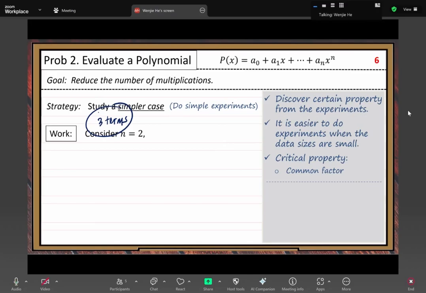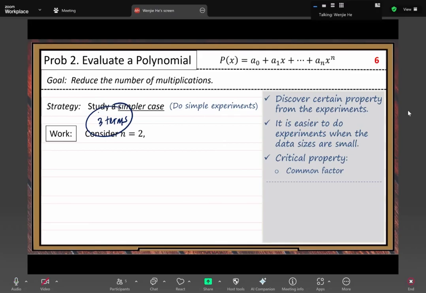So here, the issue is that we want to explore the relationship among the terms. If you have 1 term or 2 terms, you do not have many terms to consider. There's no room to explore the relationship. With 3, we have enough terms so we can explore the relationship among the terms. That's the meaning.